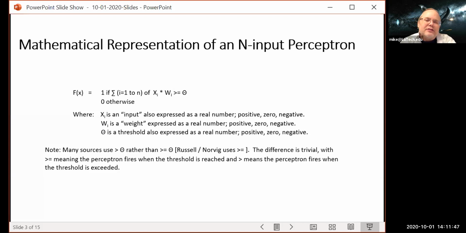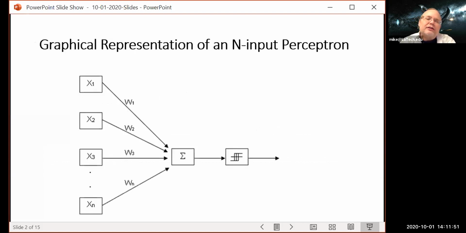So if you want to understand what a perceptron is, all it is is a weighted sum of the inputs, which is compared to threshold theta, and if the weighted sum of the inputs is greater than or equal to theta, it fires.